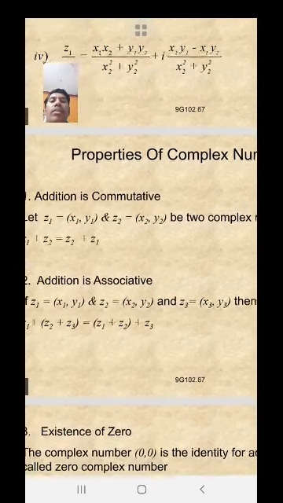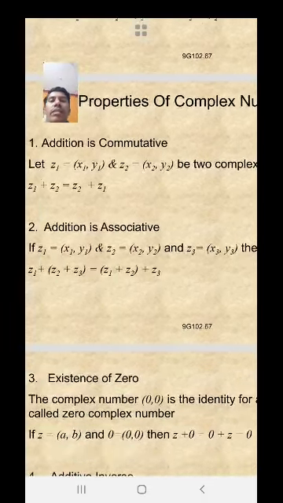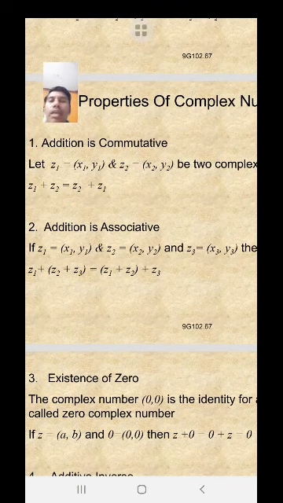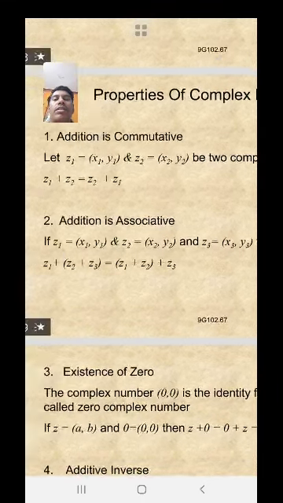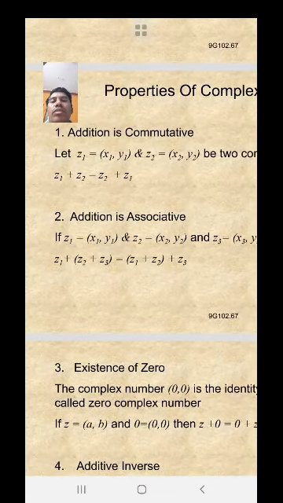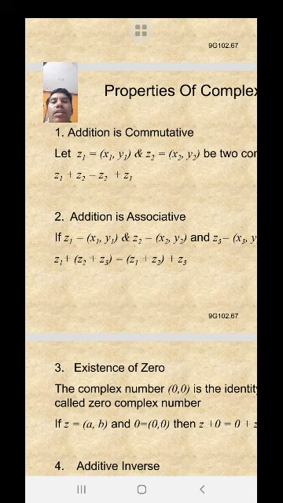Properties of complex numbers. First, addition is commutative. Let z1 equals x1 comma y1 and z2 equals x2 comma y2 be two complex numbers. Then z1 plus z2 equals z2 plus z1. So this is the commutative property.